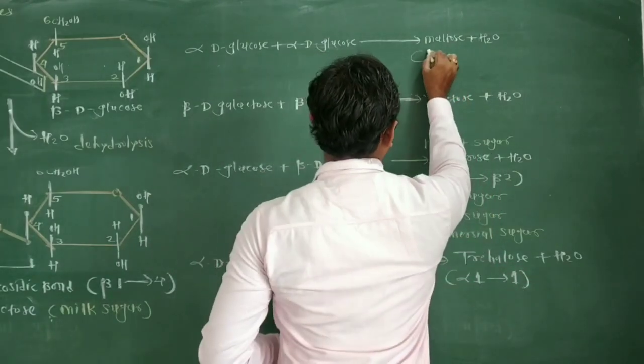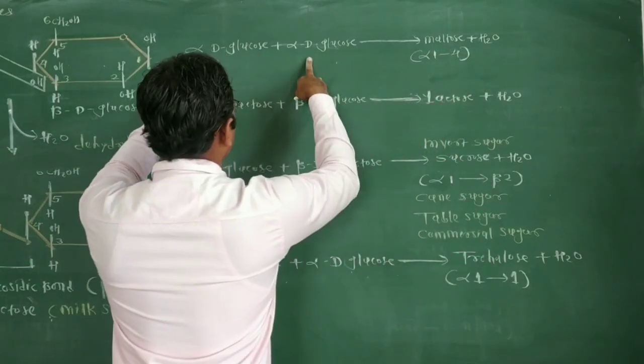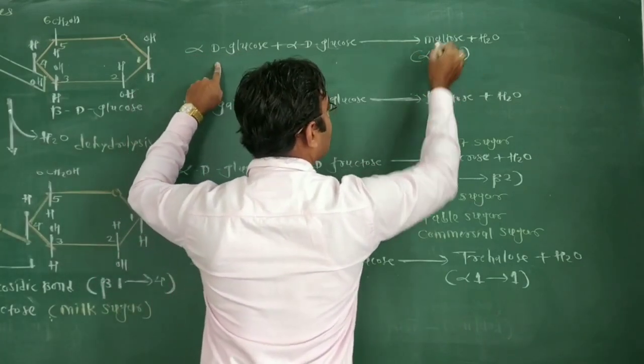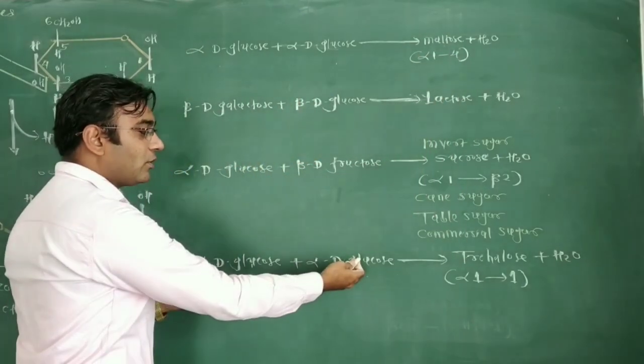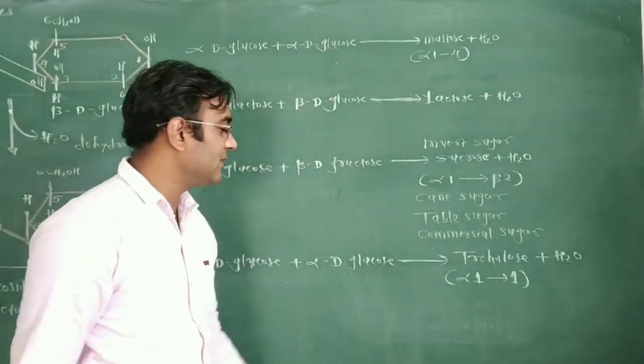See, alpha 1 to 4: alpha D glucose plus alpha D glucose joined alpha 1 to 4 gives maltose. Same glucose but joined differently, 1 to 1, first carbon joined to first carbon.